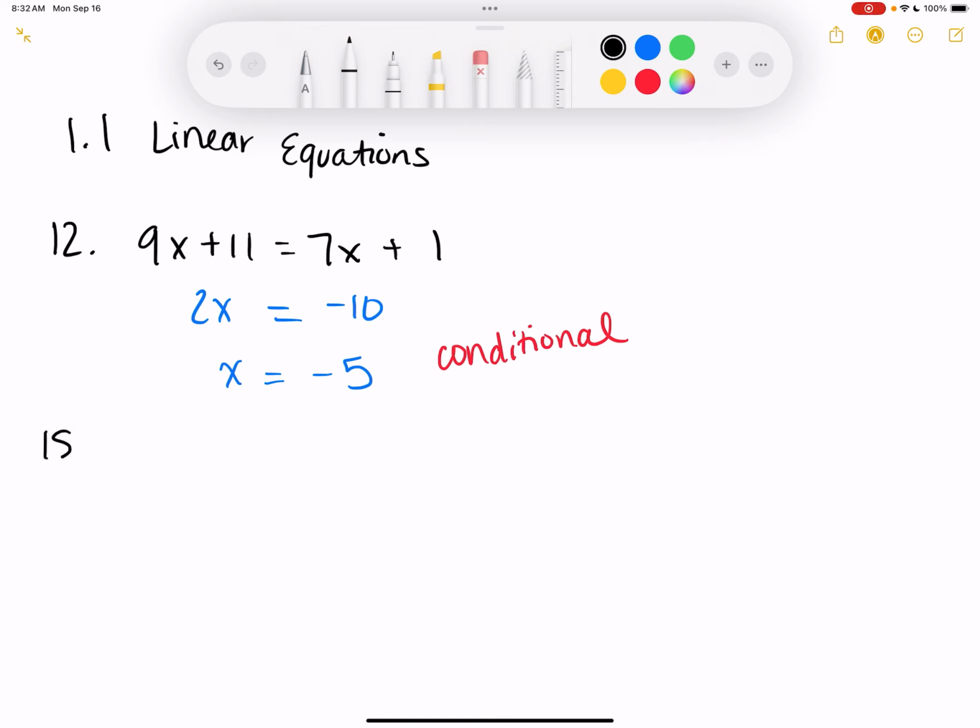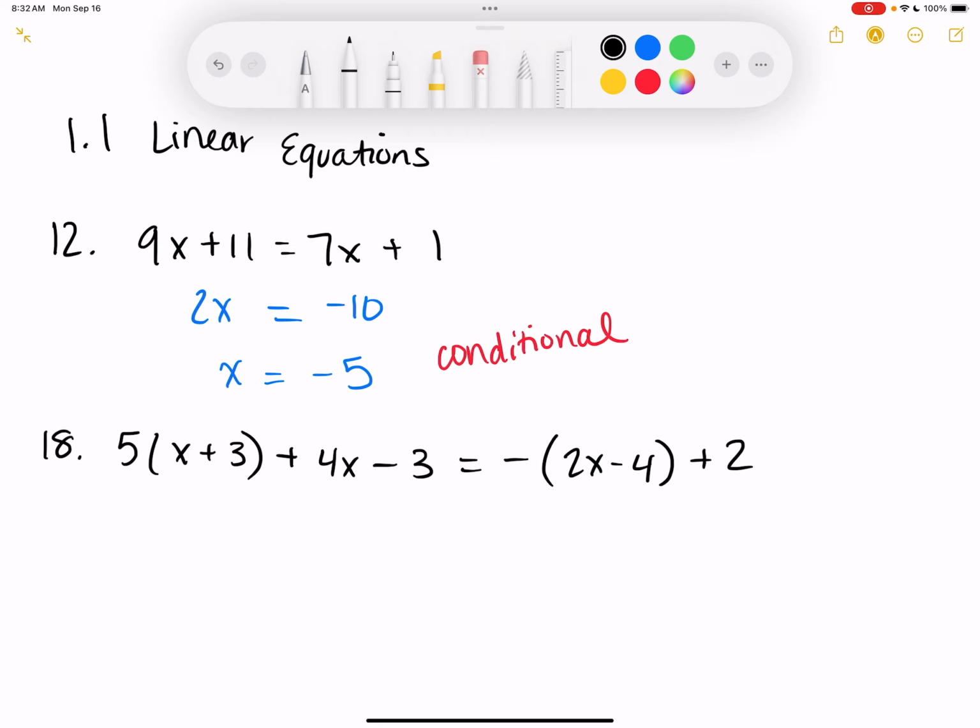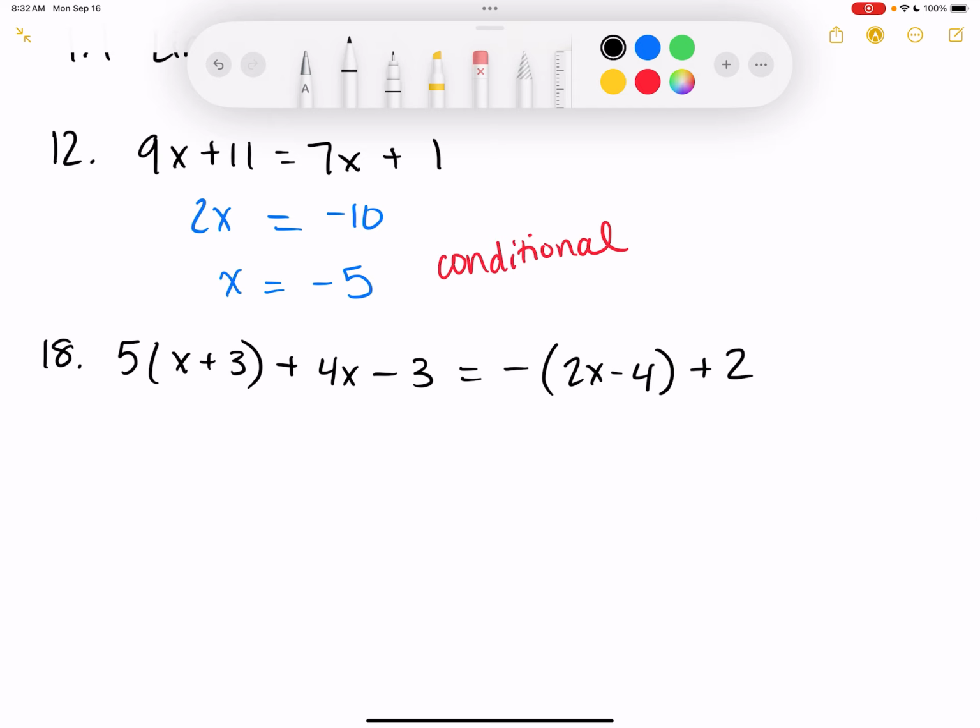18, we've got 5 times, in parentheses, x plus 3, plus 4x minus 3 equals negative, parentheses, 2x minus 4 plus 2. First and foremost, I'm going to distribute this 5 and then this negative sign so that I have that taken care of.